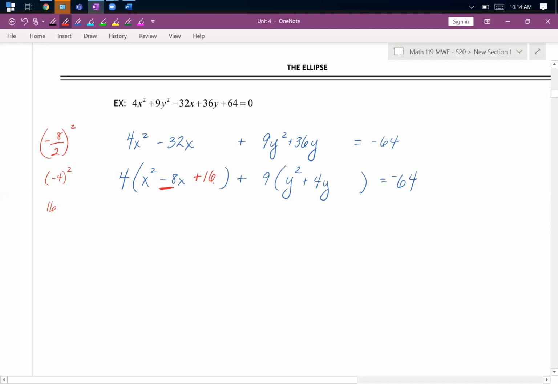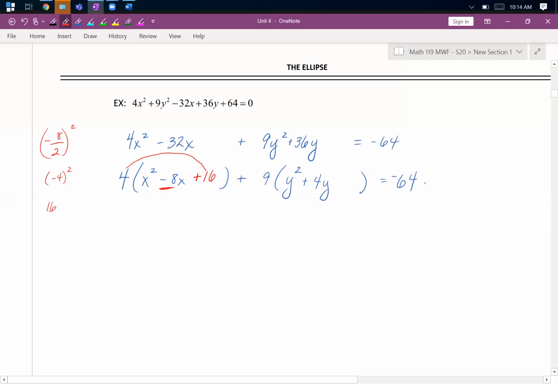Here's where it gets a little tricky, though. Right? So add 16 on the left to create a perfect square trinomial. I know I have to add 16 on the right to keep it legal, but we're not actually adding 16. See, the value of the constant on the left-hand side is not just 16. It's actually 4 times 16.